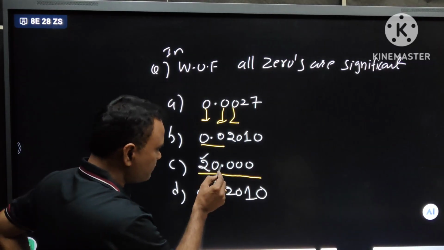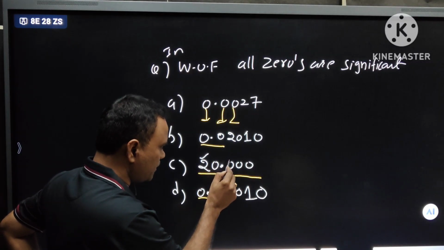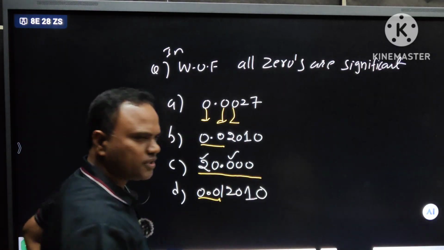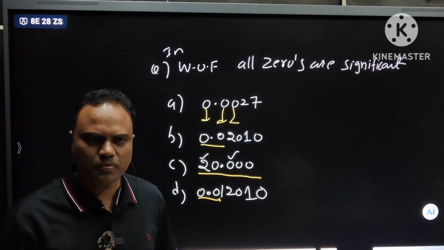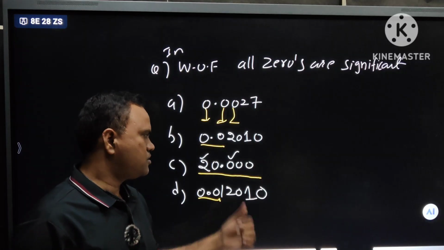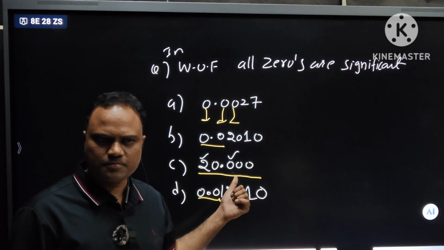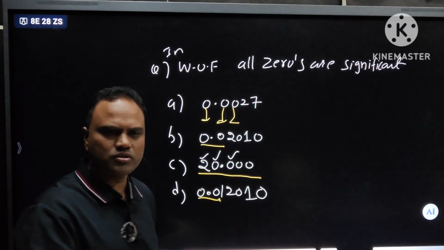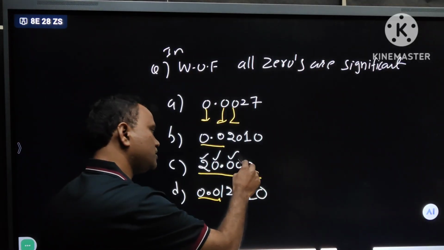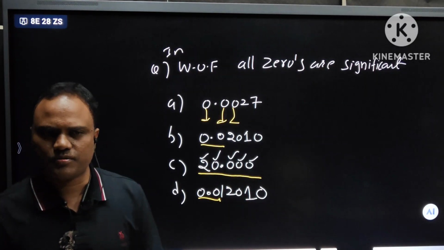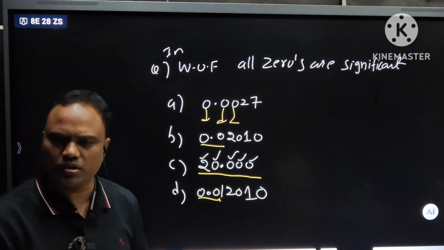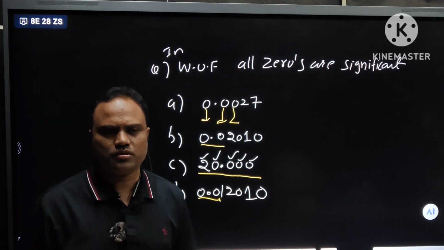And you know, after the decimal point, if 0 is present, that is significant. Between two significant figures, the middle 0 is also significant. These are also significant after the decimal point. All are significant. This is one model question only. We'll continue tomorrow. Okay.